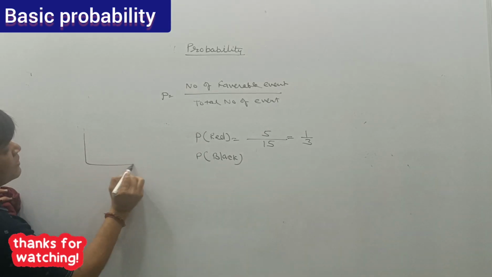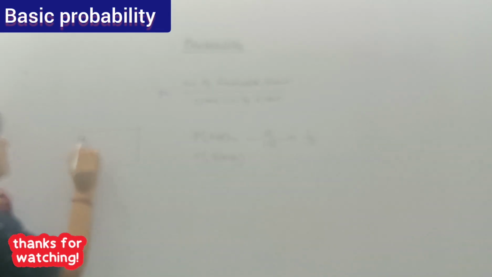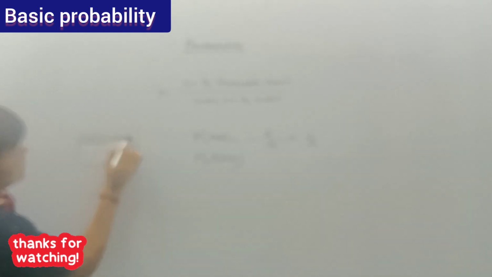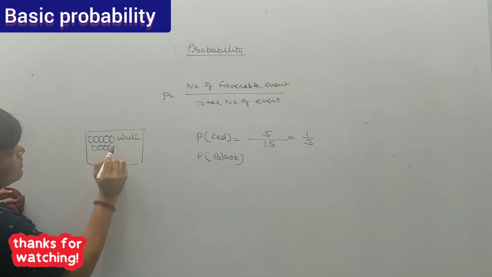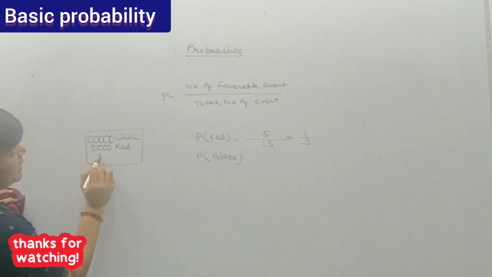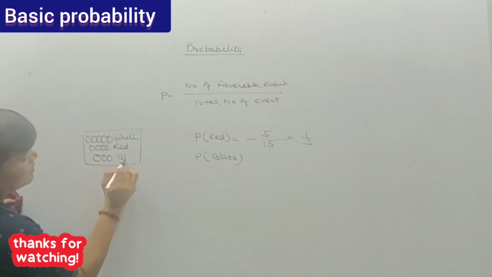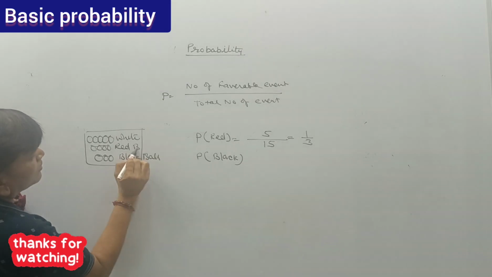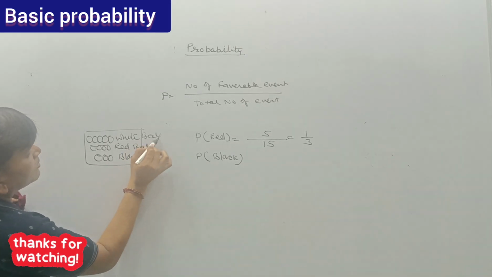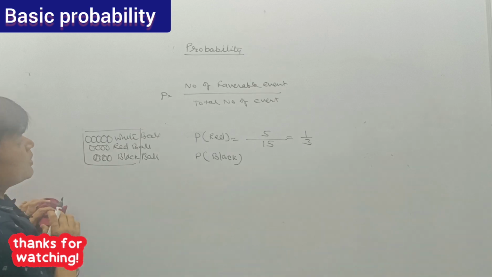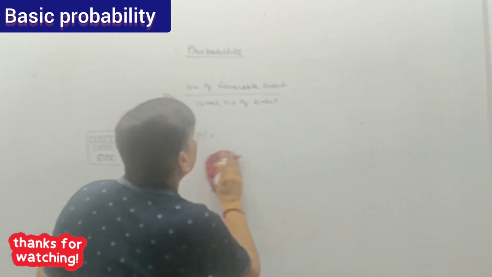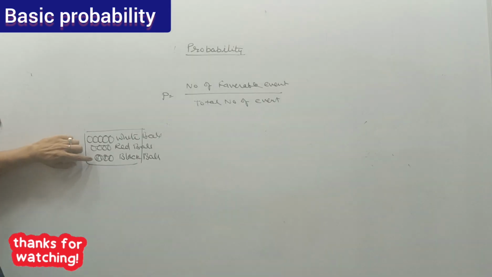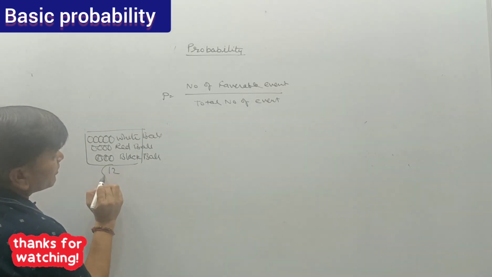In a box there are 5 white balls, 4 red balls and 3 black balls. Now the total number of events is 5 and 4, 9, 12. Total balls are 12.